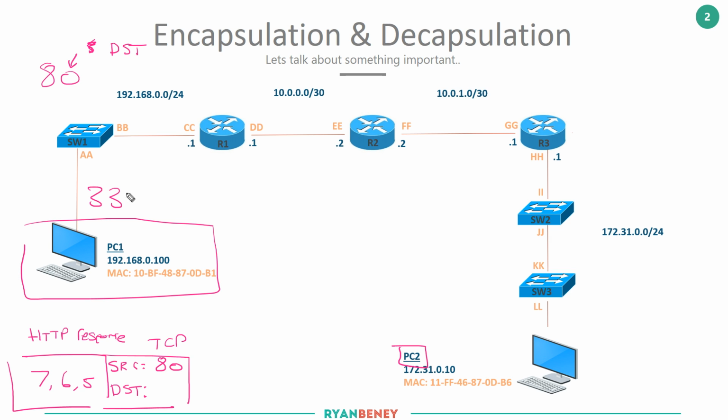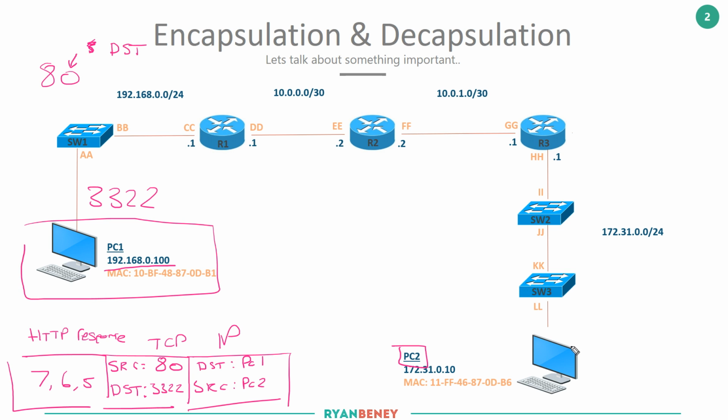Let's say that was 3322. For the IP layer 3, the IP will be 192.168.0.100 as the destination. So the destination will be PC1 and the source will be PC2.